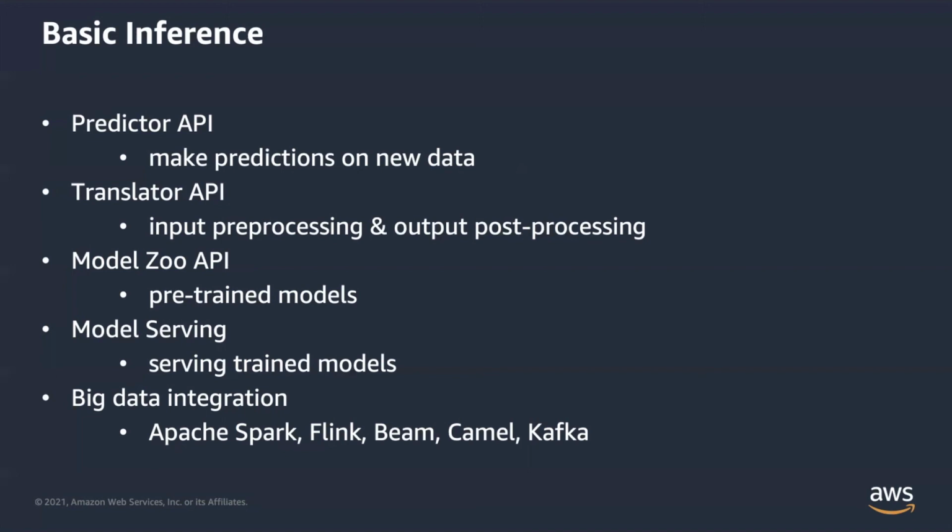So it's really the one-stop shop for deploying your deep learning models anywhere. Besides model serving, DJL is also tightly integrated with big data pipelines like Apache Spark, Flink, Beam, Camel, and Kafka. So you can deploy your model in a big data environment very easily.